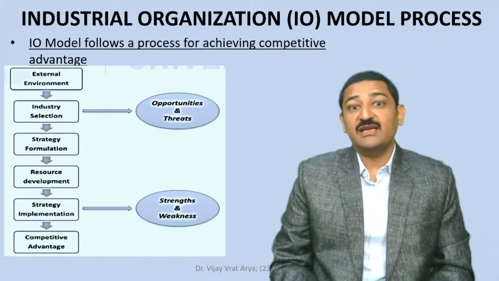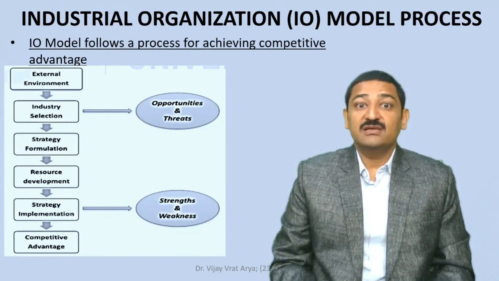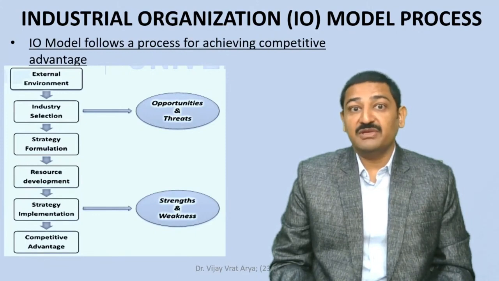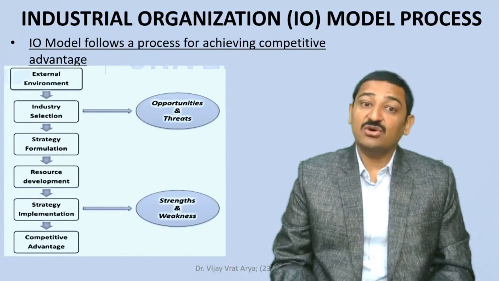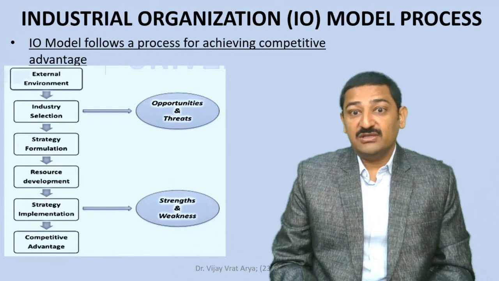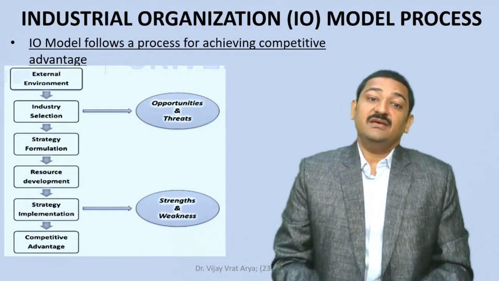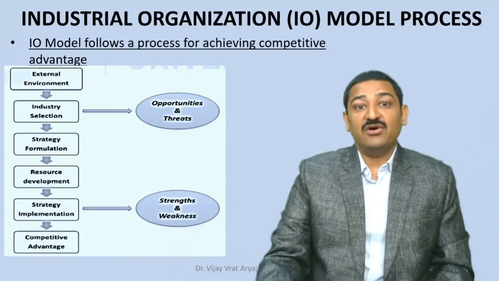And that is the position where the organization can identify their strengths and weaknesses, which somewhere are going to dominate, somewhere are going to be addressed. Based on that, the competitive advantage of the respective firm, and maybe the rival's position, can be better clarified. And based on that, the competitive advantage can be achieved by the respective organization.